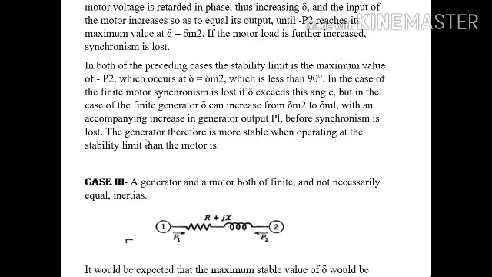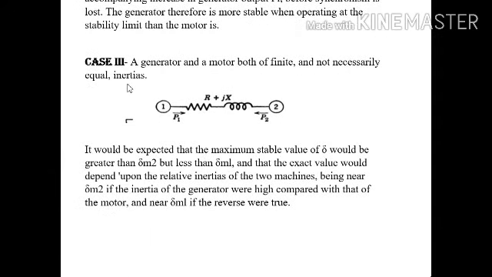This is the bottom line of our today's discussion, that the generator is more stable when operating at the stability limit than the motor is. True? Then come to case 3. Here a generator and motor, both of finite and not necessarily equal inertia. Both are now finite machines.